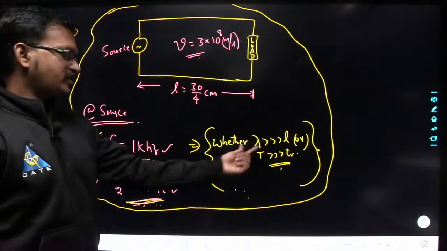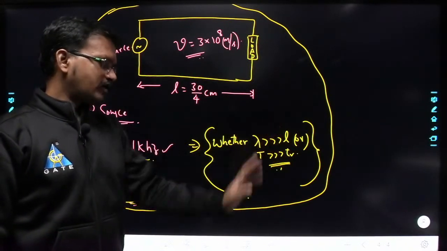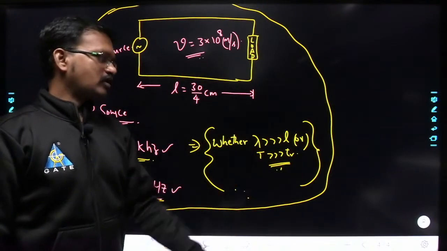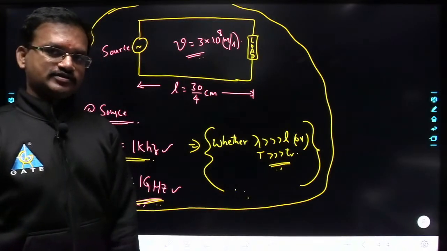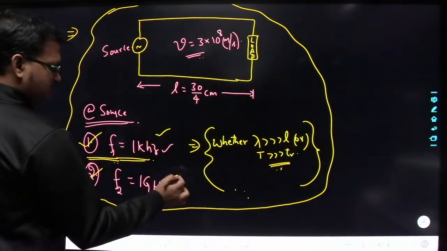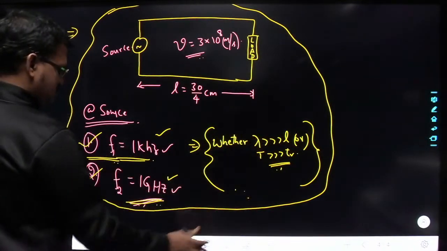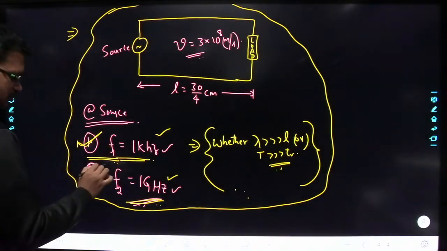If lambda is far greater than L or T is far greater than TR, then we can ignore the transit time effects. Just do it as practice, check these things for the first question and the second question.